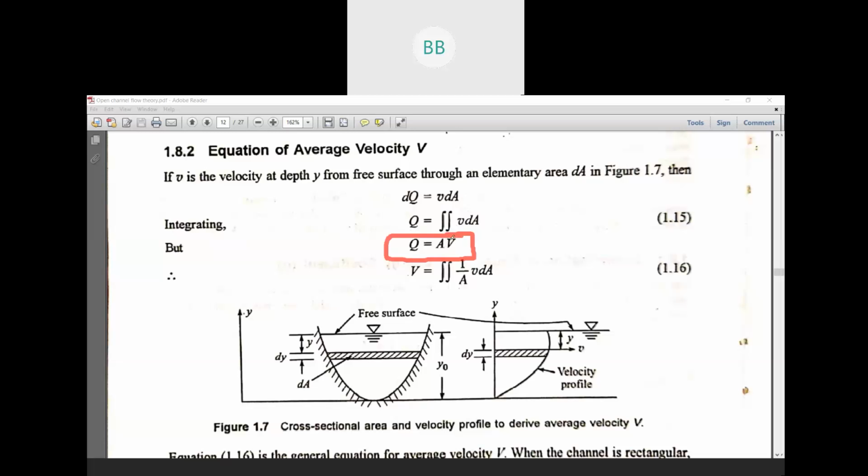This discharge and the earlier discharge are the same, so we equate both equations. Here V equals, taking A to the right-hand side, 1 by A times the summation of v dA. So this is the equation for average velocity. First we use this equation to find the average velocity, then we substitute it in the alpha equation to find alpha.